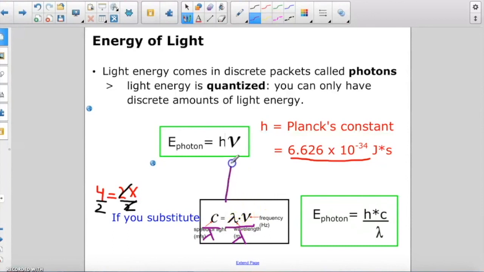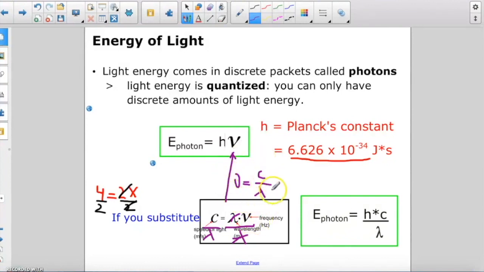So from here to here, if I want to calculate the frequency by solving this equation, I will know that the frequency equals, remember this one and this one cancel out, the speed of light over the wavelength.